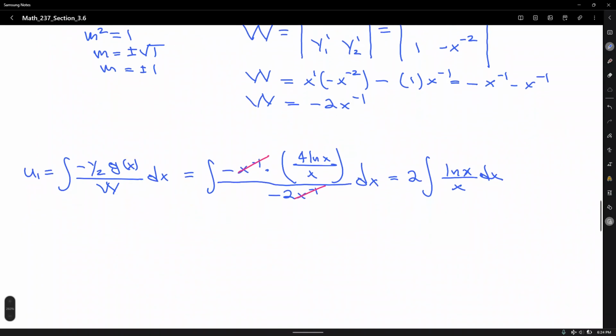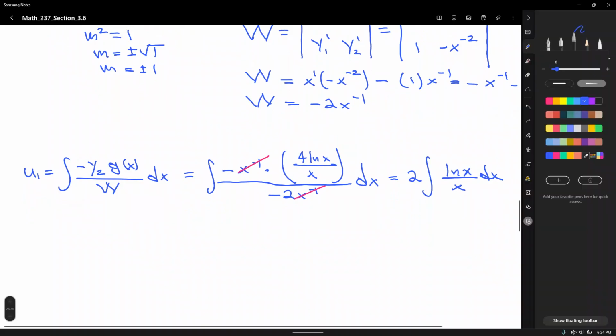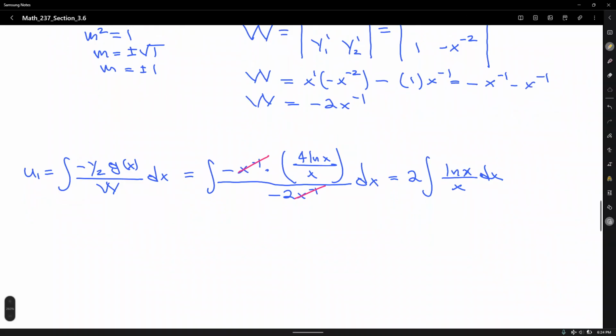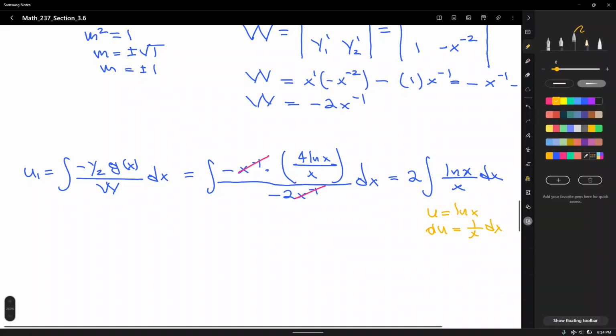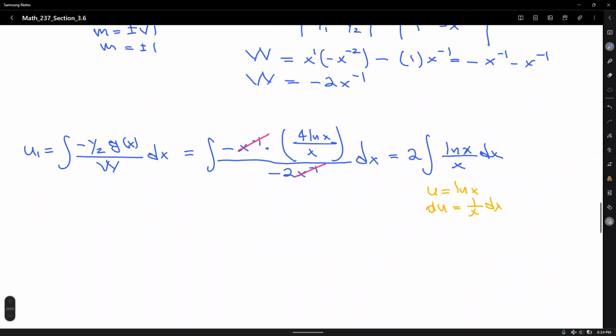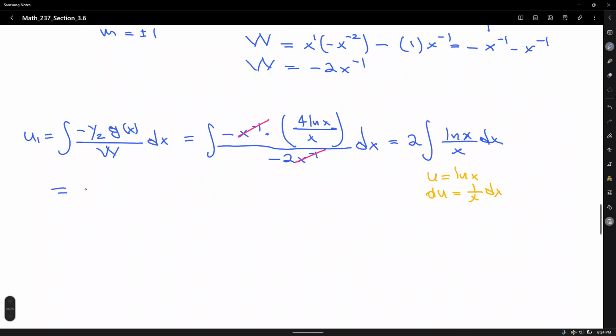All right, well, so this integral can be evaluated using a u substitution, because u equals ln of x, and du, which is 1 over x dx, is there in the integrand. So this is simply, let me write it in the next line right here, 2 times the integral of u du, which is u squared.